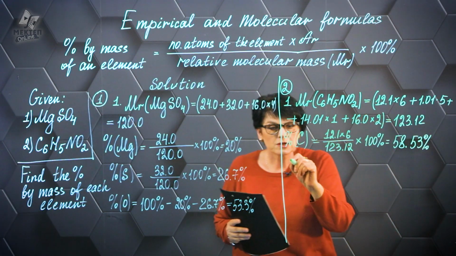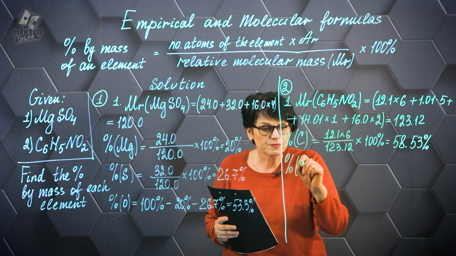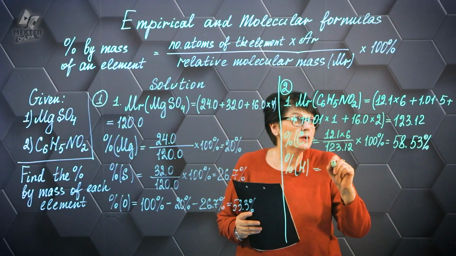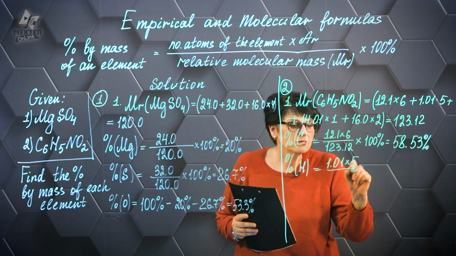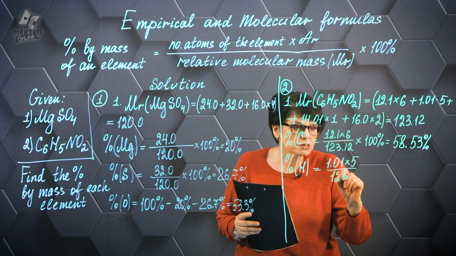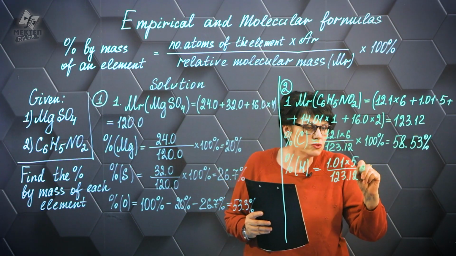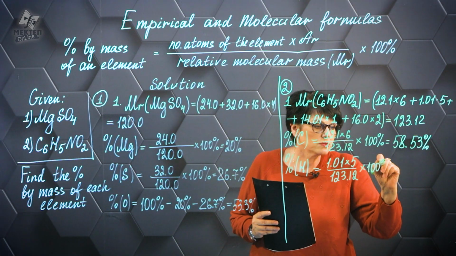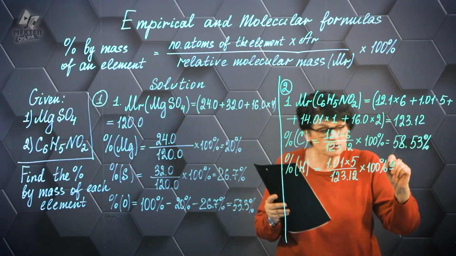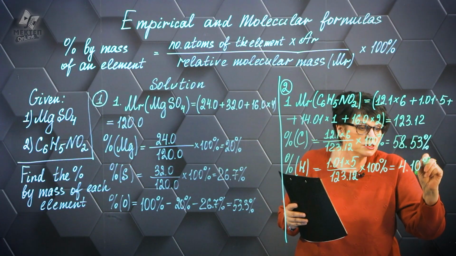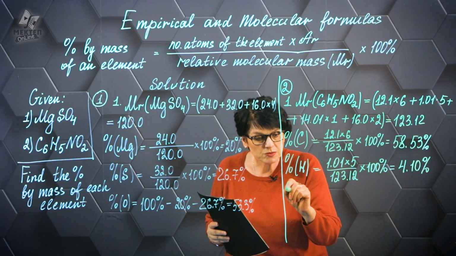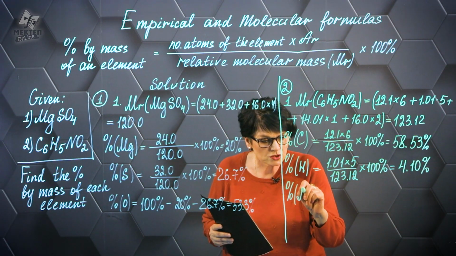Thus, we switch to hydrogen. For this, 1.01 multiplied by 5, we divide by 123.12, multiplied by 100%. And in this case, we get 4.10%.